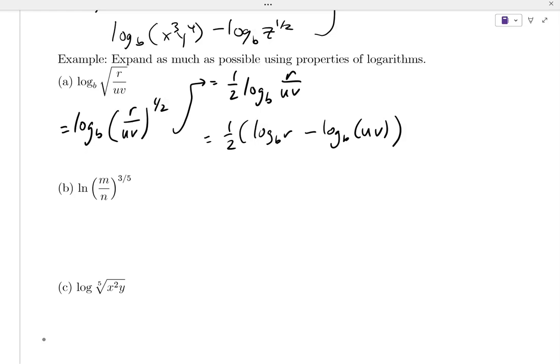See anything else we can do? The u and v, good. We've got u times v. Just like I mentioned in the previous step, notice that the minus sign applies to the whole log. So when you write this as a sum, make sure that the minus sign applies to the sum of the logs.